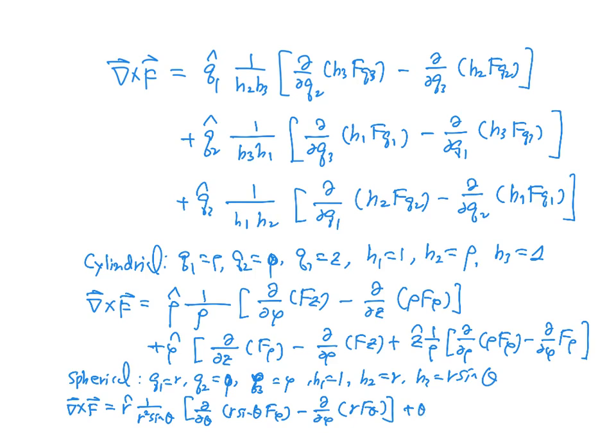Plus theta, H3, H1, R sine theta, partial phi, F R minus partial R, partial R sine theta, F phi, plus phi, H1, H2, 1 over R, partial R, partial H2, F theta, R F theta, partial theta, partial FR.